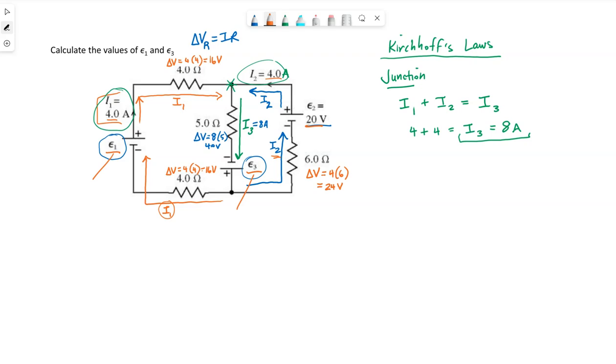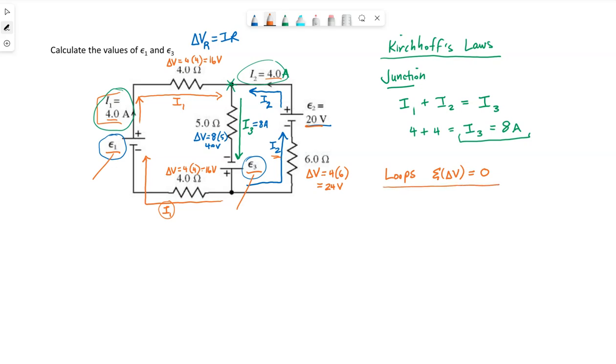All right, so loop rules. We're adding potential differences. Let me write that better. Adding up potential differences across all elements in the loop, they must add up to be 0. Okay.